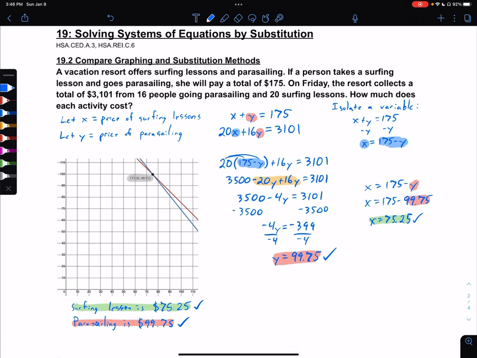In this case, we don't need to write it as a coordinate point because they're asking about each activity. You can write it as a coordinate point, but they are asking for the specific cost per lesson, so it's better to write out the answer using words and the dollar values. That's it. Just focus on the substitution method, make sure you understand the process, get used to isolating a variable, and then substituting an expression in to solve.